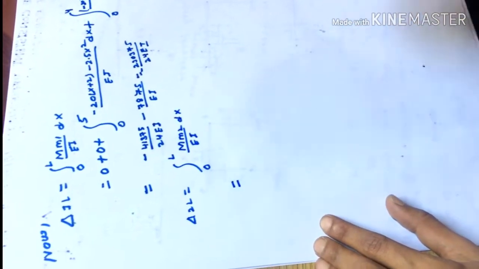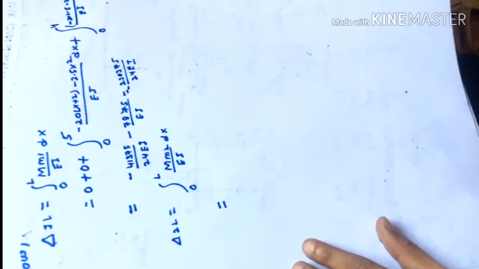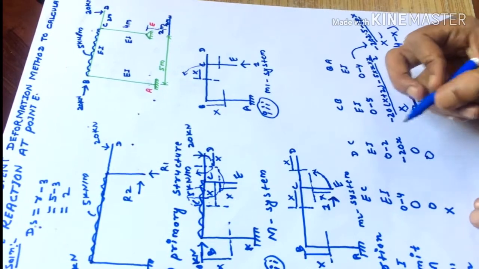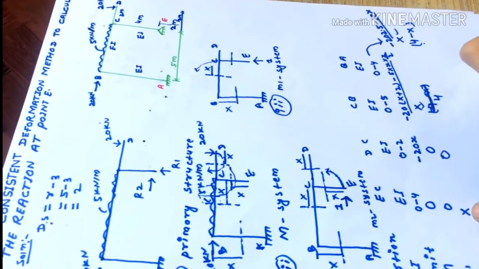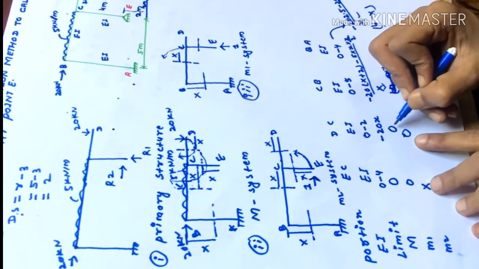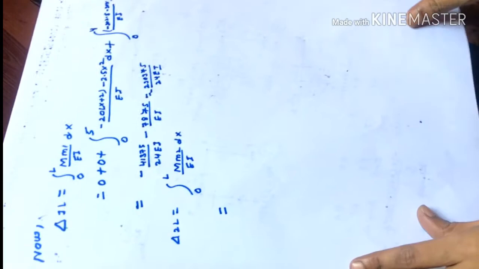So let us put del 2L in figure. In table we can see m is equal to 0 for portion EC, and for portion DC m2 is equal to 0. So this portion will become 0.